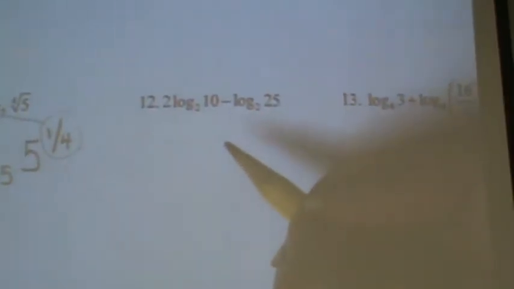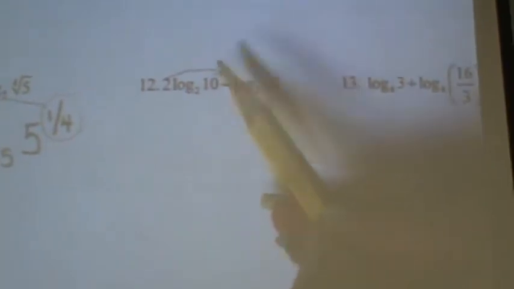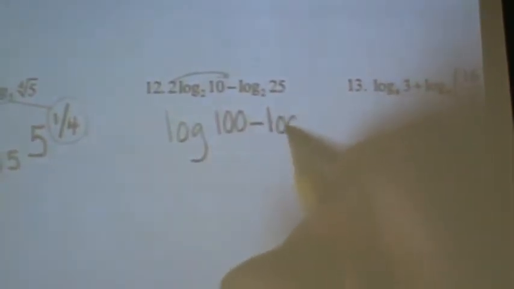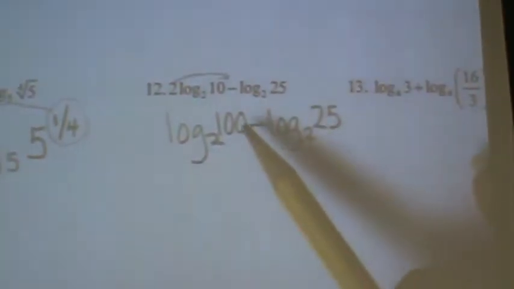What about 12, even though you could do that in your calculator? These were technically on the non-calculator portion. Check this one out. Where does this 2 belong? Above the 10. Okay, so what is 10 squared? 100. Everyone with me? Okay, what do you do with these two?